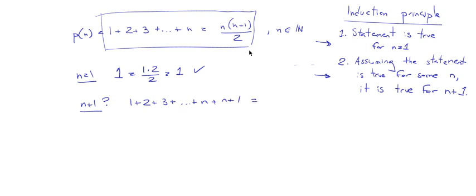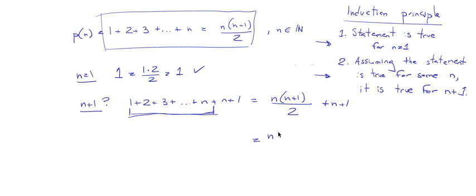We cannot write the same thing substituting n plus 1, because we don't know if this is the case. But we know that up until here, this is equal to this, because this is the induction assumption. So we substitute this by this, because we assume it is true, and then we add n plus 1.